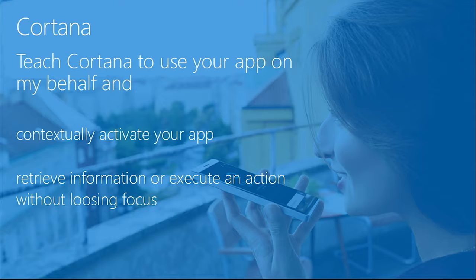What's new now in Windows 10 is the ability to execute or retrieve information from my application using background tasks. I can ask Cortana to do something on behalf of my application, so my application doesn't go into the foreground or get started up, but I can still get some information. For example, if I have a weather application, I can ask Cortana to ask my application's background task to get the weather, and Cortana can display that information as if Cortana were saying it.